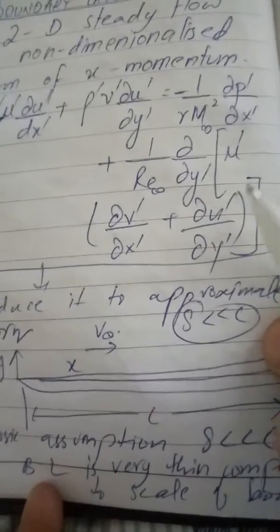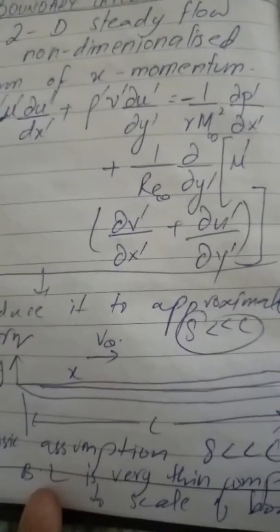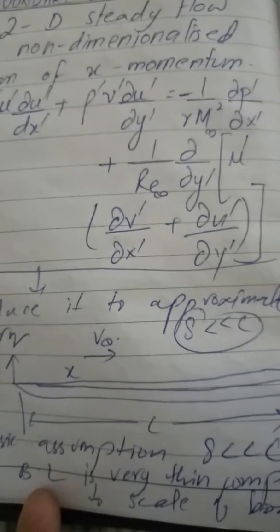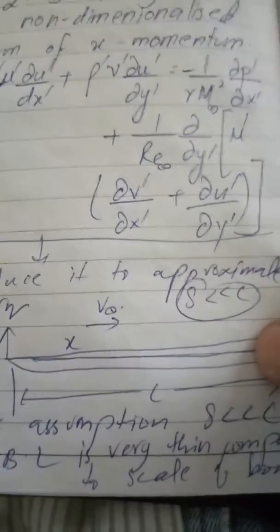Here we deal with the same boundary layer under approximation techniques, and to get the approximate form we have to see that the boundary layer thickness is less than the scale of the body.